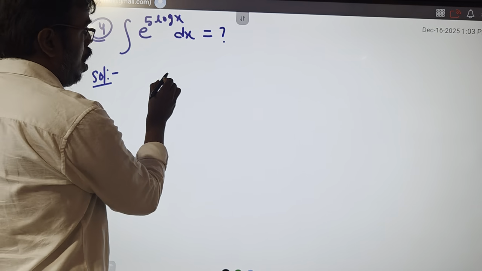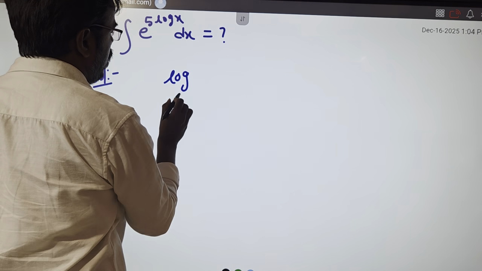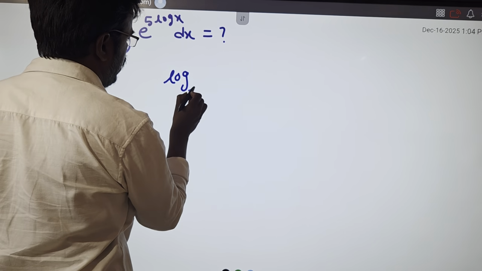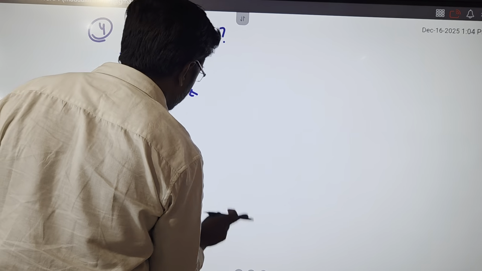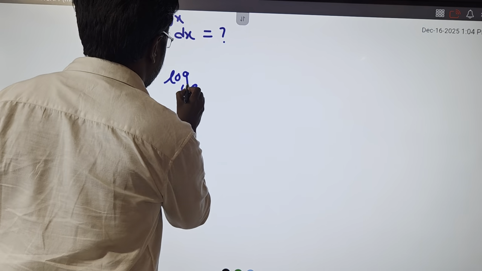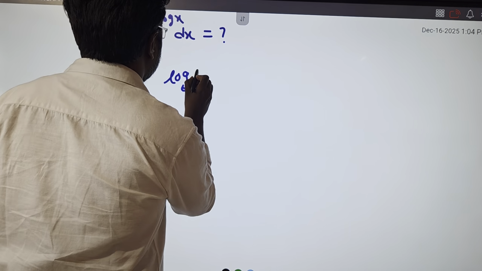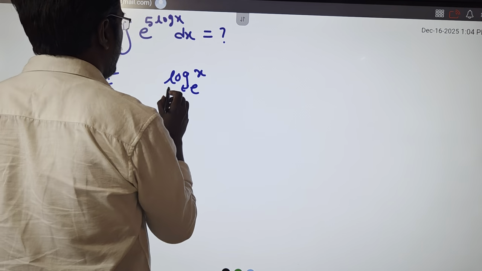For a logarithm, if there is no base mentioned, we can assume the base is e. So log x to the base e.